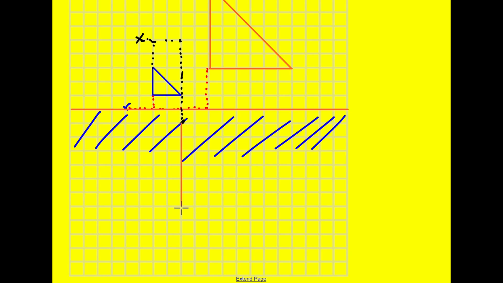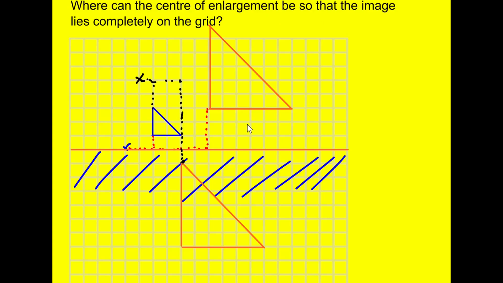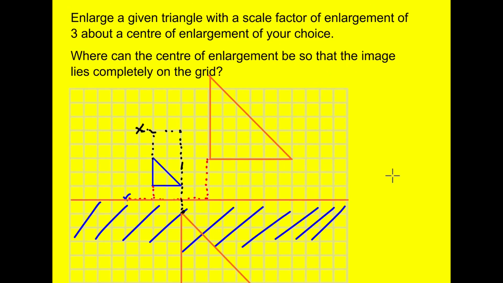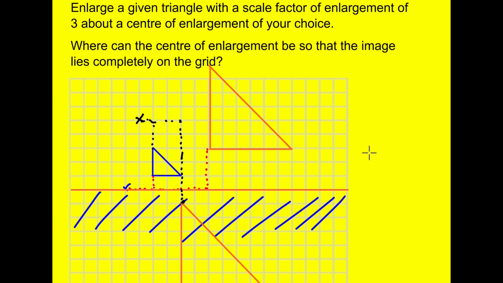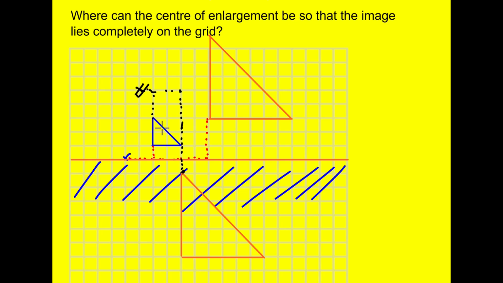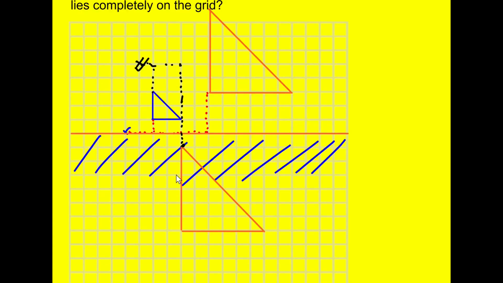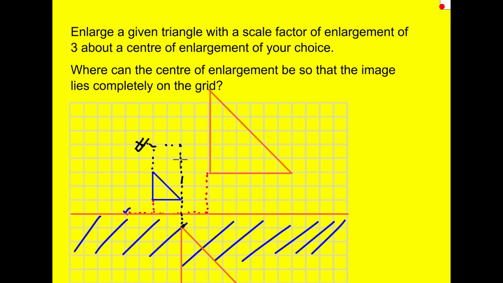Here. There we go. This is within the grid. Where can the center of enlargement be so that the image lies completely on the grid? This is going to be one of the points where it does. And basically, you're going to get a little area of points that are possible and the rest are not going to be possible. So as an extension, that's what I'd like to do.